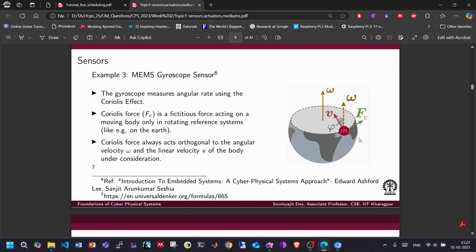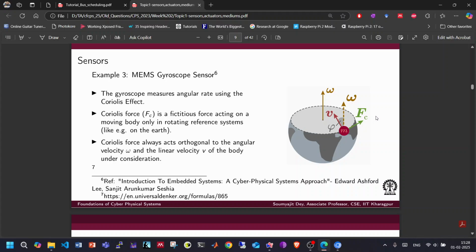If I face a Coriolis force at this angle, I know I am rotating in this direction from the direction of the Coriolis force.